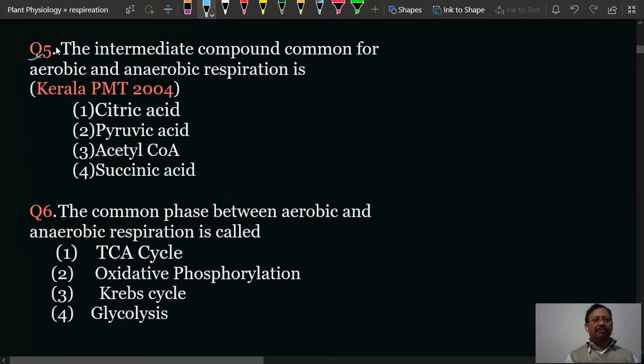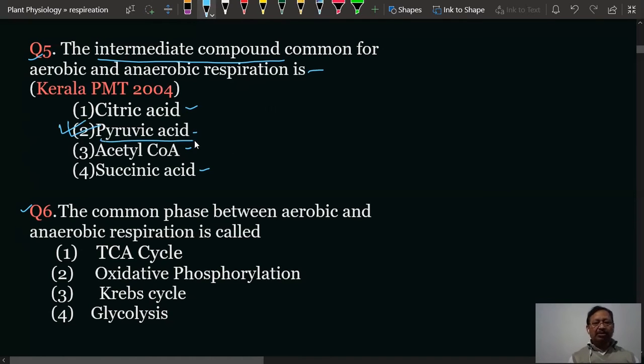Question number 5 and question number 6 are similar. Question number 5. The intermediate compound common for aerobic and anaerobic respiration is: citric acid, pyruvic acid, acetyl coenzyme A, and succinic acid. Here the common compound is pyruvic acid.